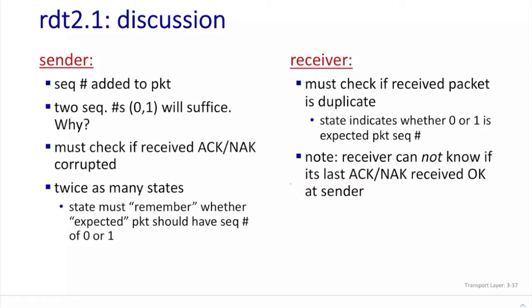Okay, before we continue RDT 2.2, let's review some of the RDT finite state machines that we talked about last week. For the very first one, RDT 1.0, we assume that the underlying layer 3 is perfectly reliable.